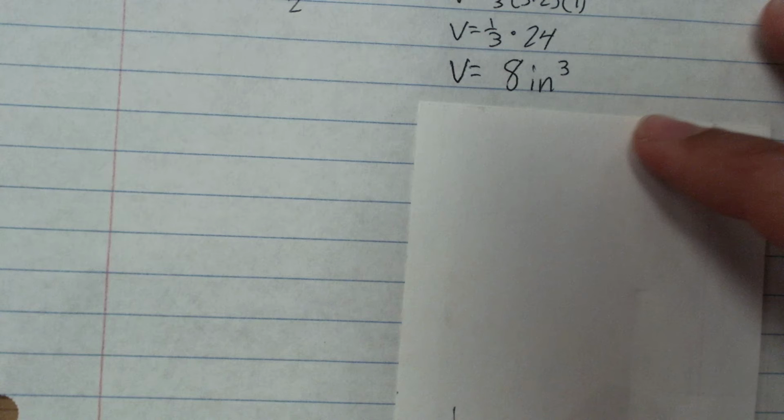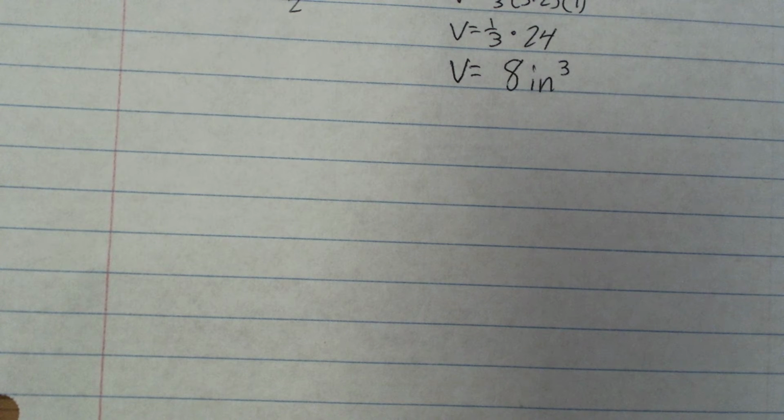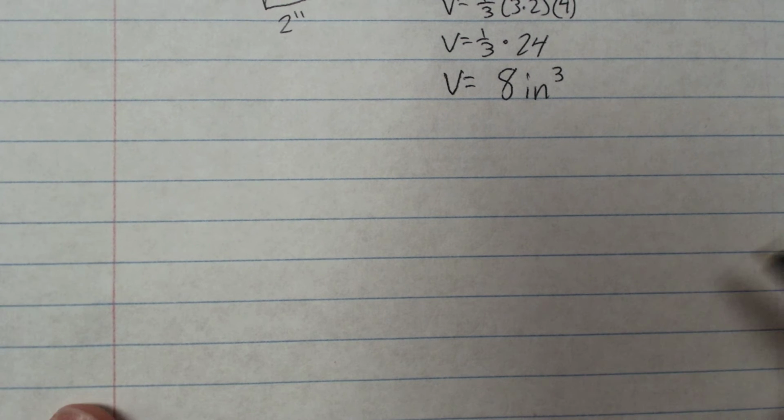Now, let's look at just a couple more examples together here. These examples are going to be over a different type of pyramid, and then we'll look at a cone to round it out so that you have one of each shape.